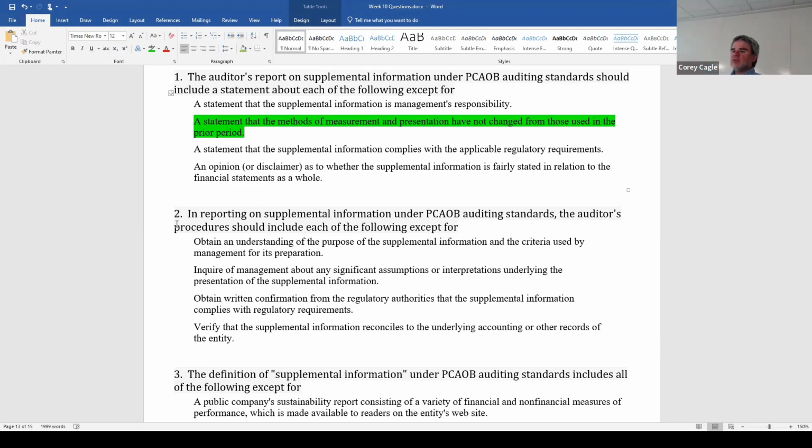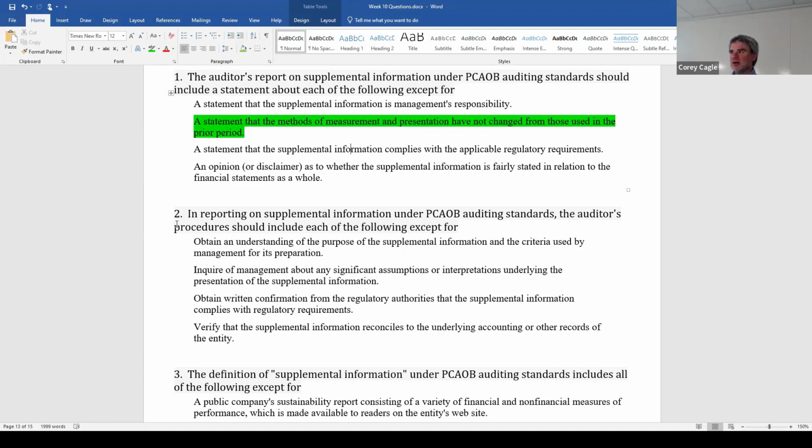A says we need to obtain an understanding of the purpose of the supplemental information and the criteria used by management for its preparation. Sounds okay. Always good to obtain an understanding. B says we're going to inquire of management about significant assumptions or interpretations. Inquiries are good. C says obtain written confirmation.